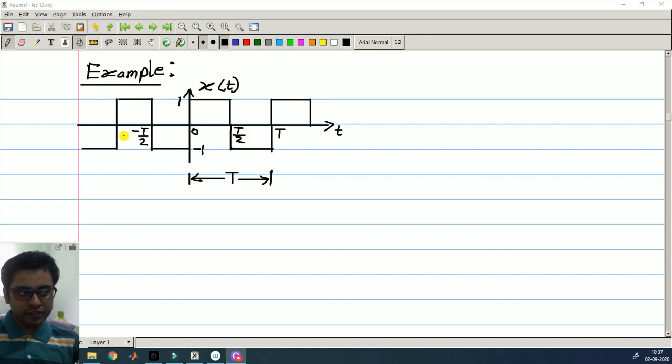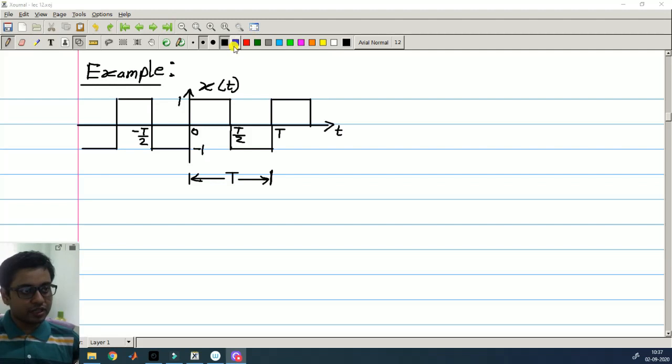Now we want to write this square wave as a sum of combination of sine and cosine waves. Okay, so for that we will calculate the coefficients a0, a1, a2, b1, b2, etc.